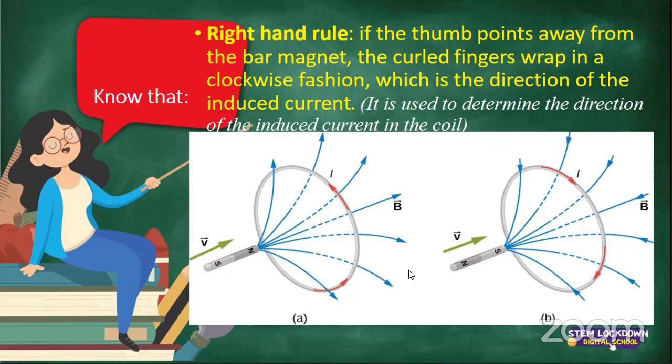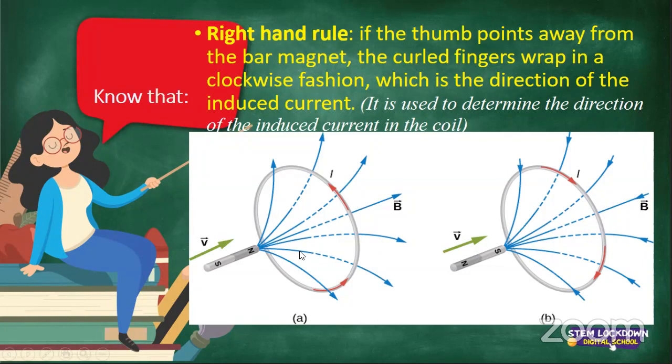So the right-hand rule here is used to determine the direction of the induced current in the coil. Now, how do we know the direction? If we are having the coil here, and the magnet is coming in and out, how do we determine the direction of the current?